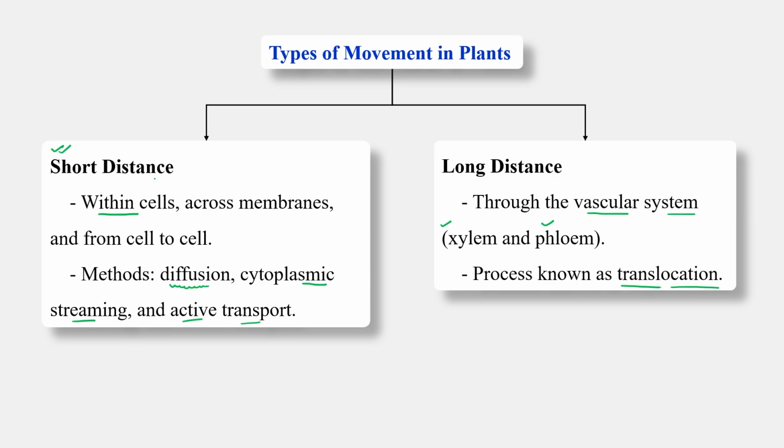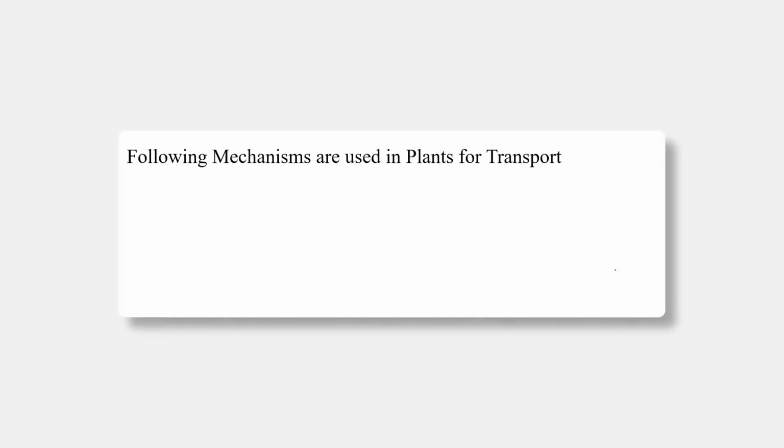For short distance, they require different small processes like diffusion, cytoplasmic streaming, and active transport. And for long distance transportation, they require specific tissue, meaning xylem and phloem, and this process is known as translocation. Okay, clear?